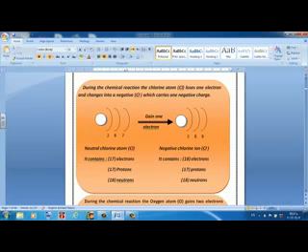Here above the arrow, it gains 1 electron and forms 2, 8, and 8. The negative chlorine ion, Cl negative, contains 18 electrons, 17 protons, and 18 neutrons.